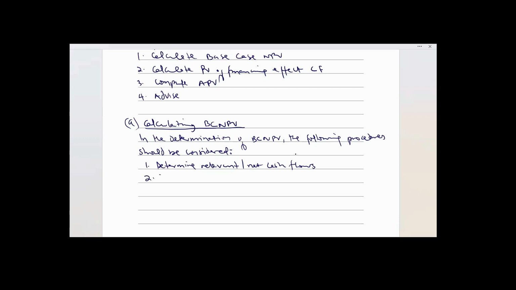Then step 2, calculate cost of equity on geared, KEU.